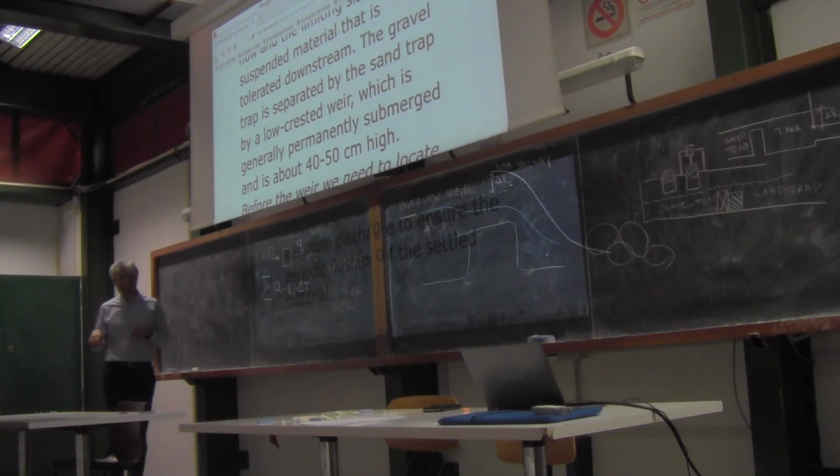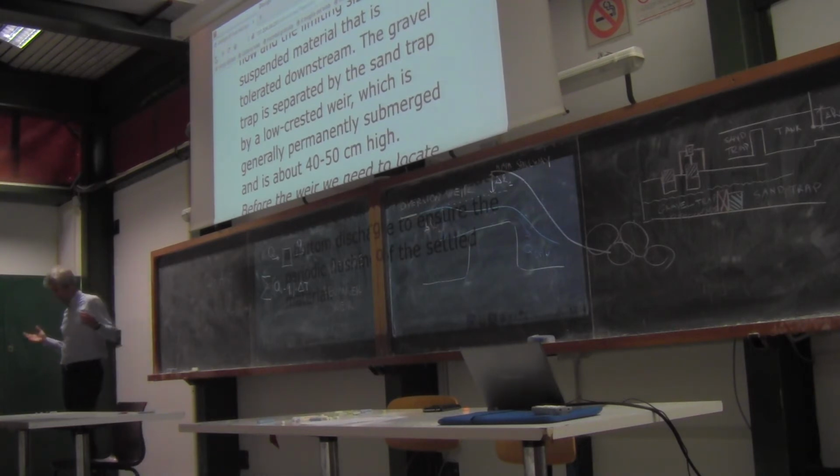If you assume that the water elevation in the sand trap is no more than 1 meter, the sand trap cannot be very deep because you need the sand to collapse to the bottom. If it is 3 meters deep, the sand has to travel 3 meters in the vertical direction. So you want to keep it not very deep. So it's about 1 meter.